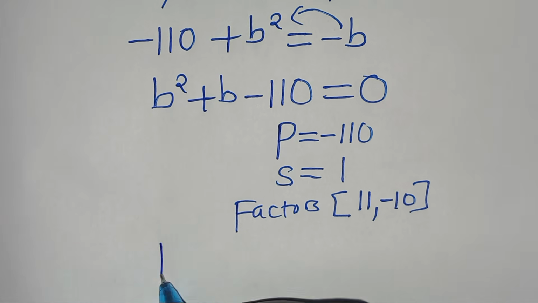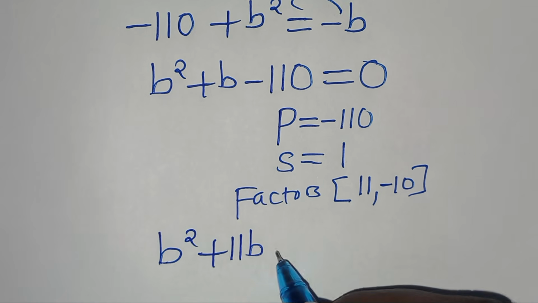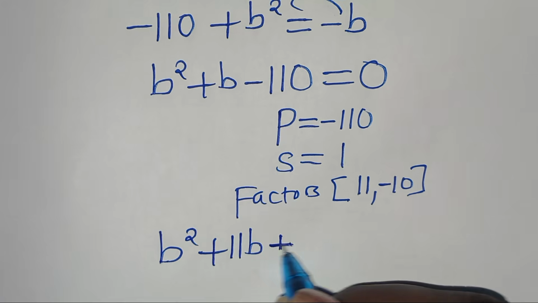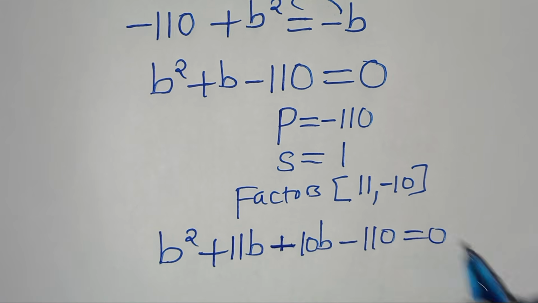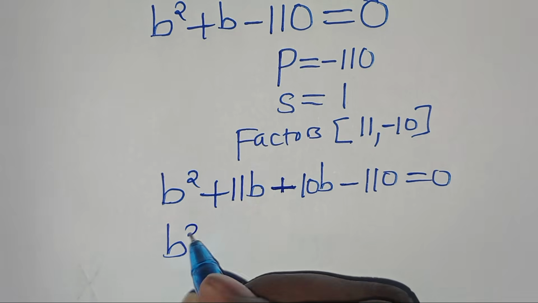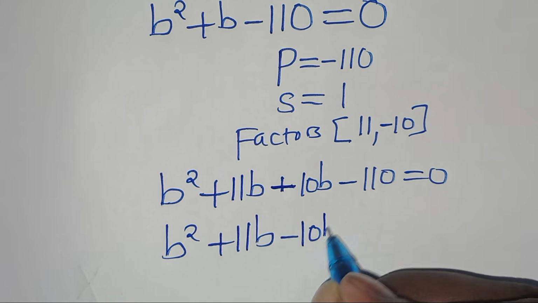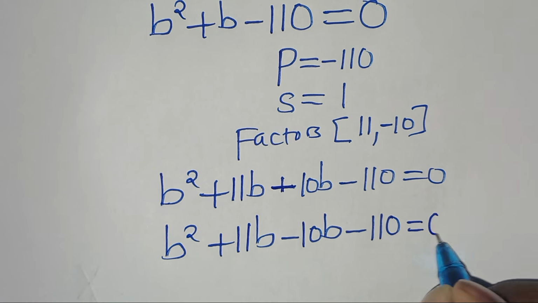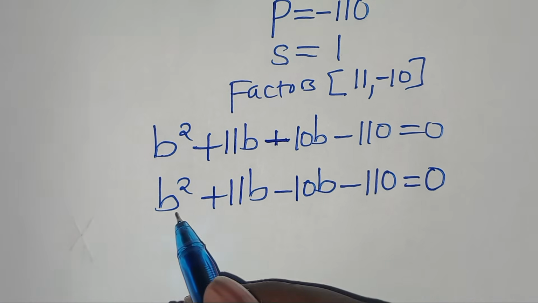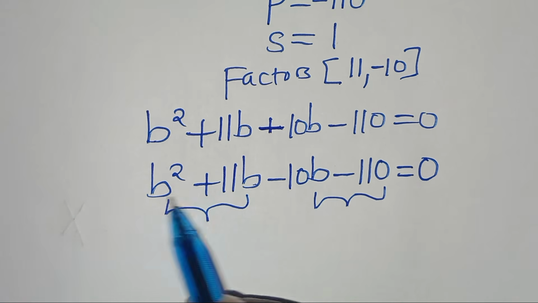Substituting these two factors, we have B squared plus 11b, that is minus 10b, then minus 110, this is equal to 0. Now we have got two parts here. From the first part here, B is common.